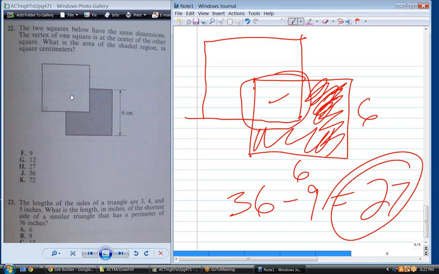I can tell because that's a quarter. You knew that that was a quarter of the square. So the faster way to get it would really have been to take 3/4 times 36, and you get 27. Because we can see that the gray part is 3/4 of that square.